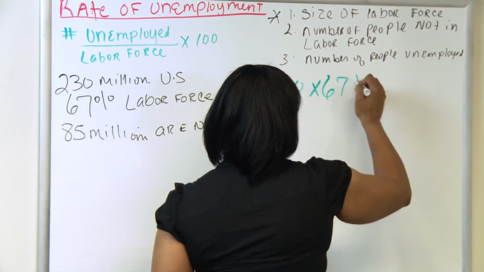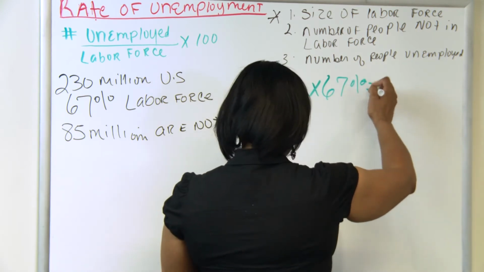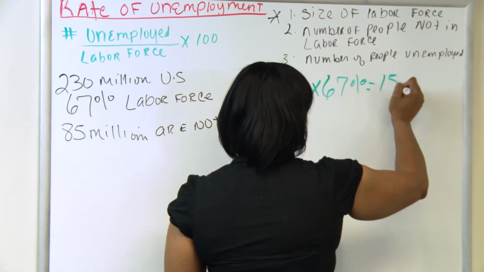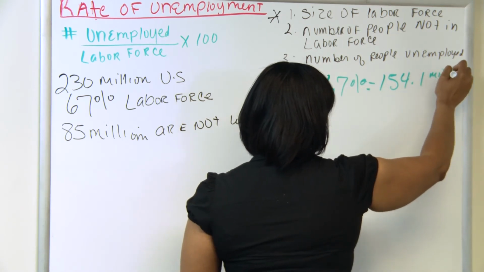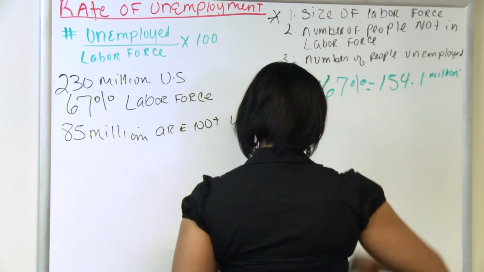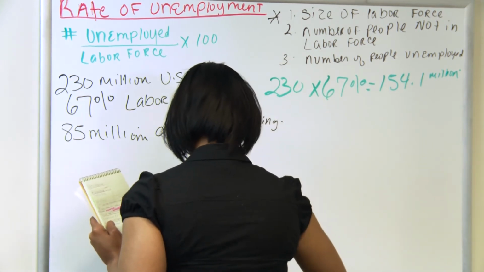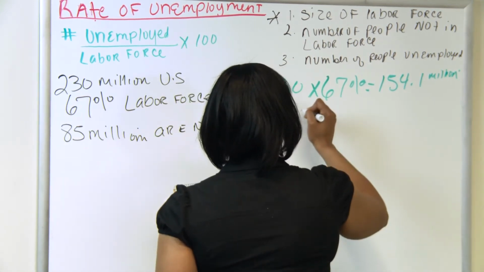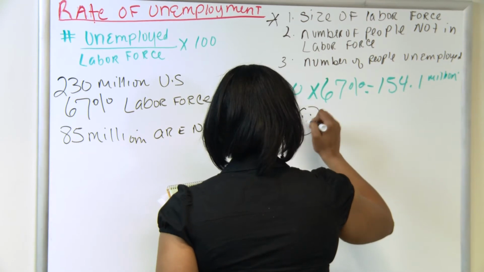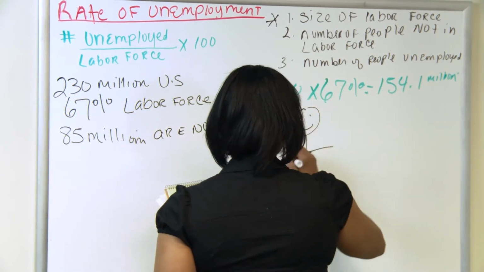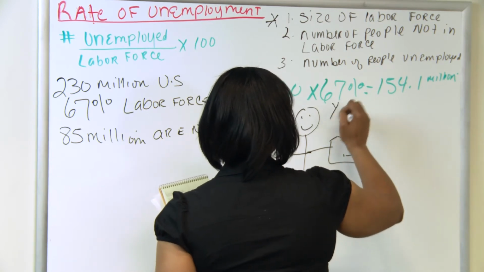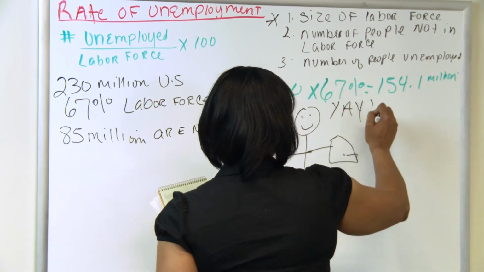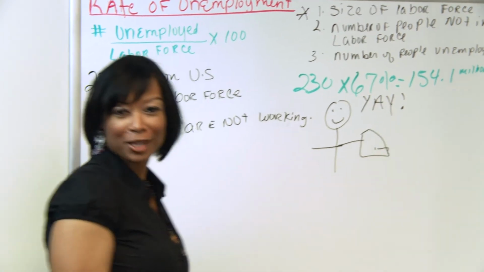So times 67%, that will give us a figure of 154.1 million people in the labor force. So we have our little stick man, and he's in the labor force, and he's happy. He's going to work. Yay. It's a little briefcase. Yay, he's motivated, we're happy.